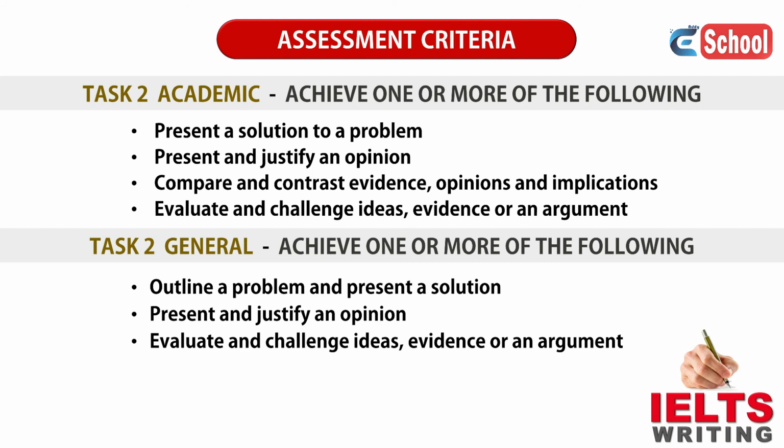While Task 2 general training will be assessed on your ability to achieve one or more of these criteria: outline a problem and present a solution, present and justify an opinion, evaluate and challenge ideas, evidence or an argument.